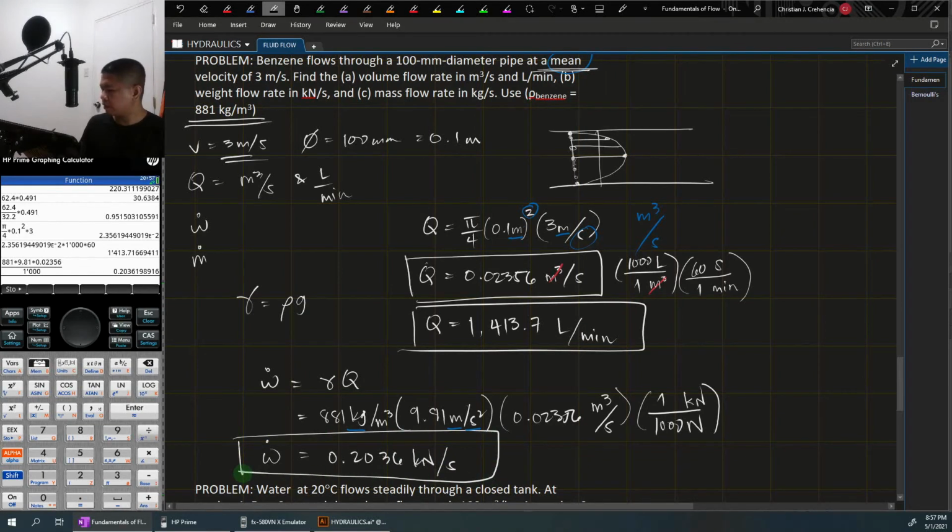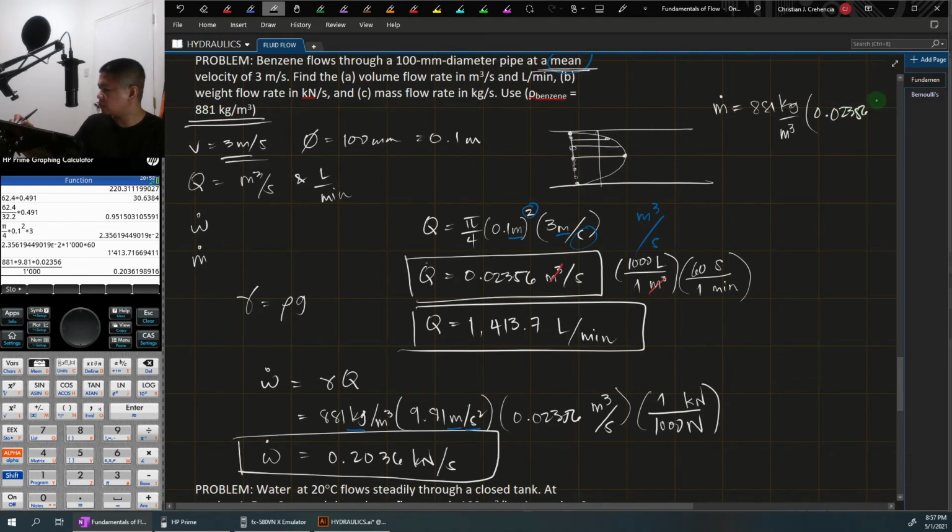Okay? While for the mass flow rate, dito ko na lang ilagay. So this is given in density 881 kilograms per meter cube. Okay? Then times the velocity, discharge Q, 0.02356.